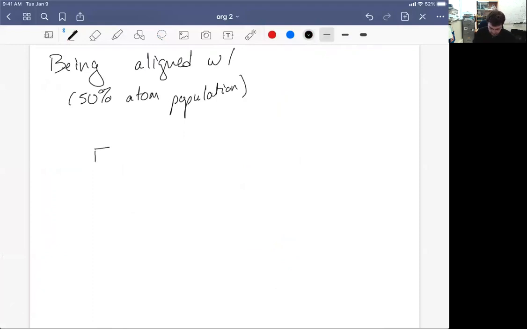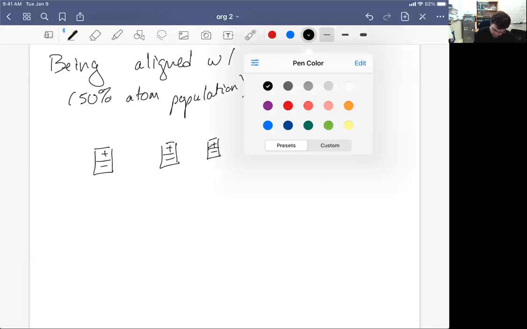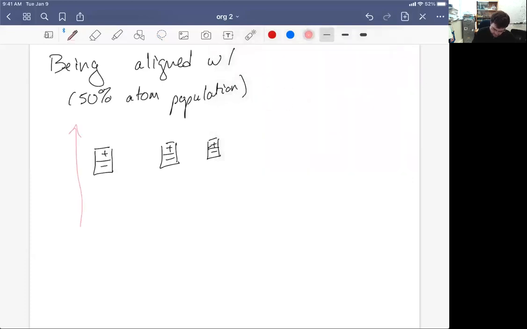What that looks like is that we're going to have the plus up and the minus down, because in the way I had this depicted, we had the positive magnetic pole up and the negative magnetic pole down.